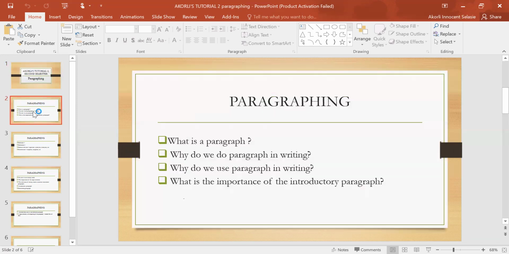In the first place, what is a paragraph? A paragraph is a group of words that are related and discuss one theme or topic or subject.